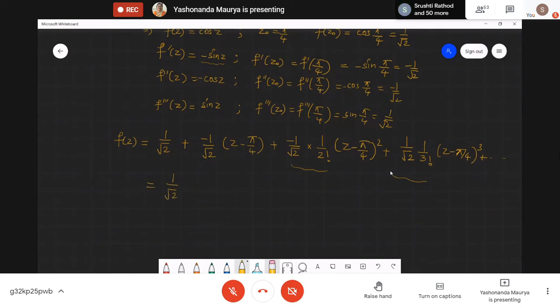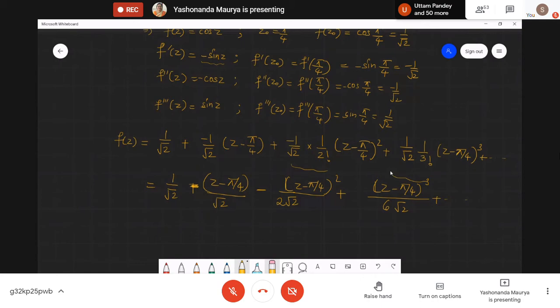Okay, 1 upon square root 2 plus z minus pi by 4 divided by square root 2 with a negative coming here. Again, this is negative 1 upon 2 square root 2 into z minus pi by 4 whole square. Plus z minus pi by 4 cube divided by 6 root 2, and so on.